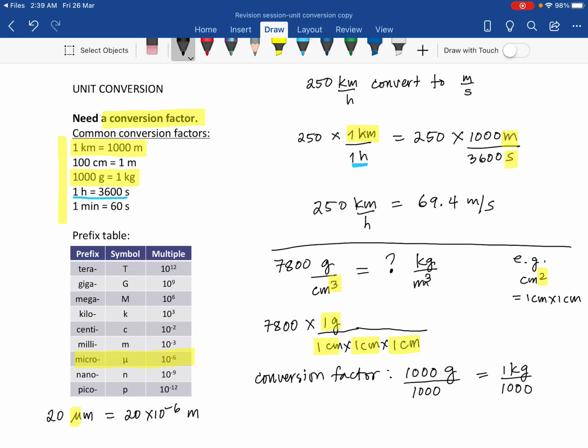So I've divided 1,000 grams by 1,000, so I should divide 1 kilogram by 1,000 as well. And as I've mentioned earlier, any number divided by itself is equal to 1. So 1,000 divided by 1,000, that's equal to 1. And then you have the gram. And then 1 divided by 1,000 is one thousandth. So 0.001 kilogram.